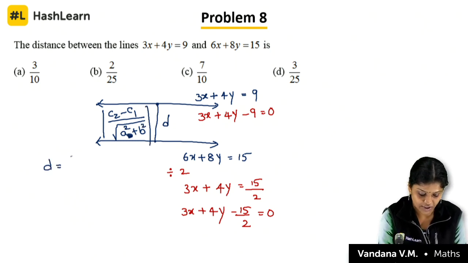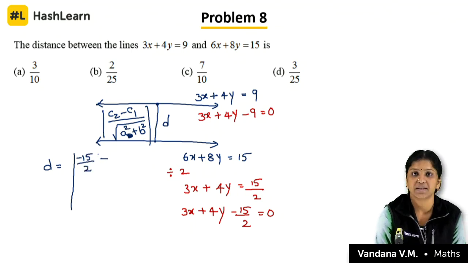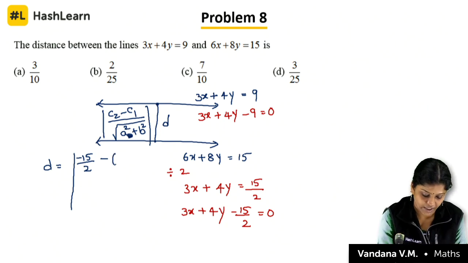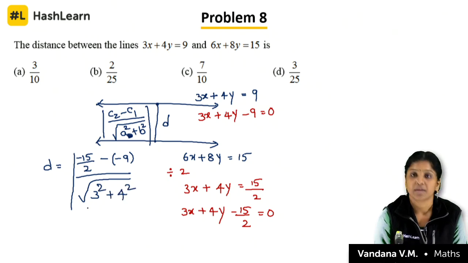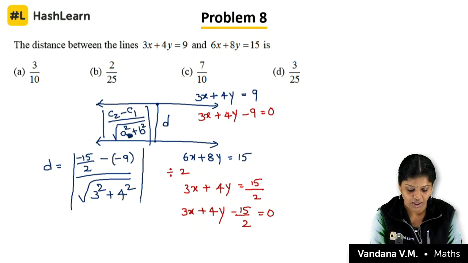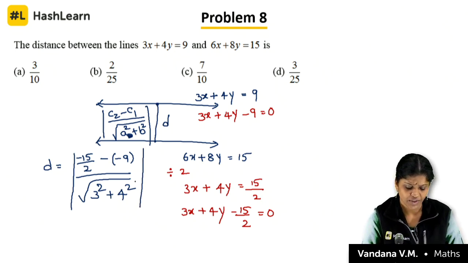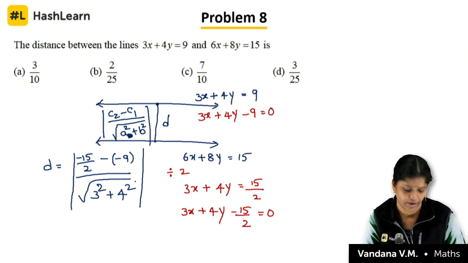Now write down C2, the constant, minus 15 by 2 minus C1 which is minus 9, by root of 3 square plus 4 square. 3 square is 9, 4 square is 16. So, total if you add 16 plus 9 is 25, root 25 is 5.